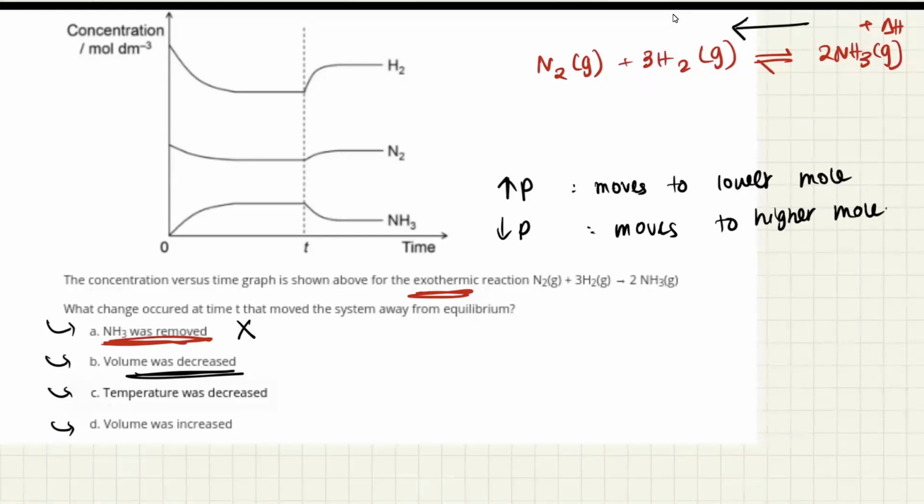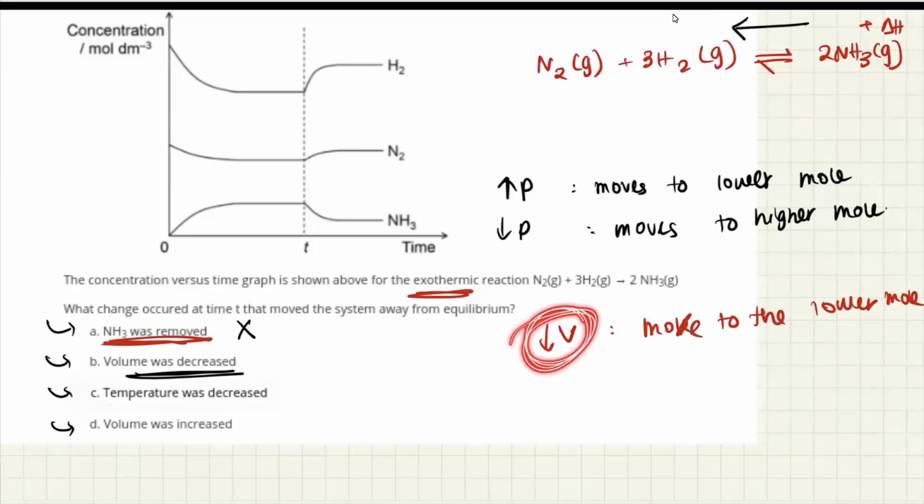If you decrease the volume, it's going to move to the lower mole, because when you decrease the volume, you are also increasing the pressure, so the effect is the same. Decreasing volume is like increasing the pressure.